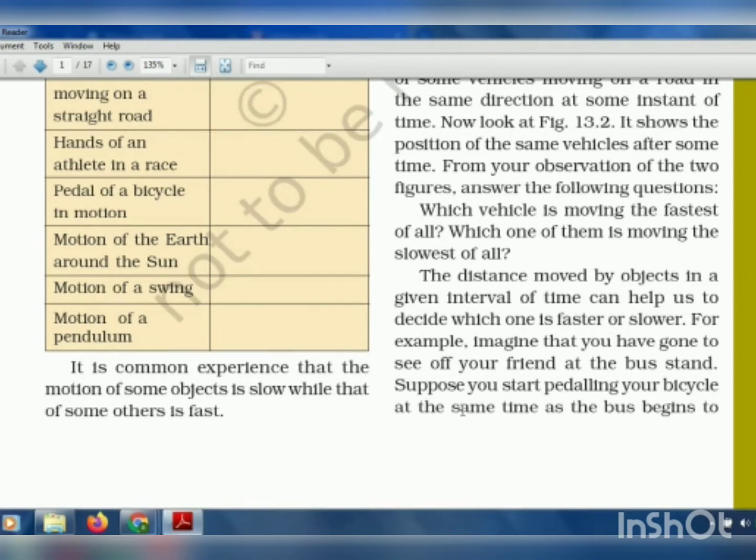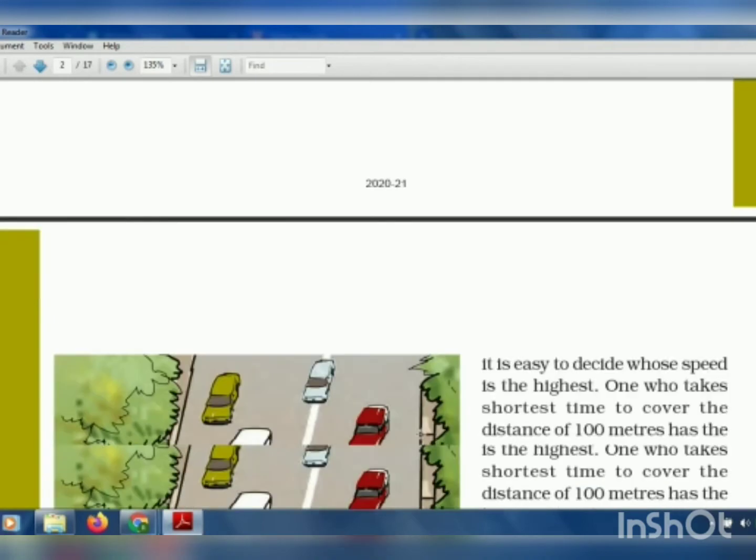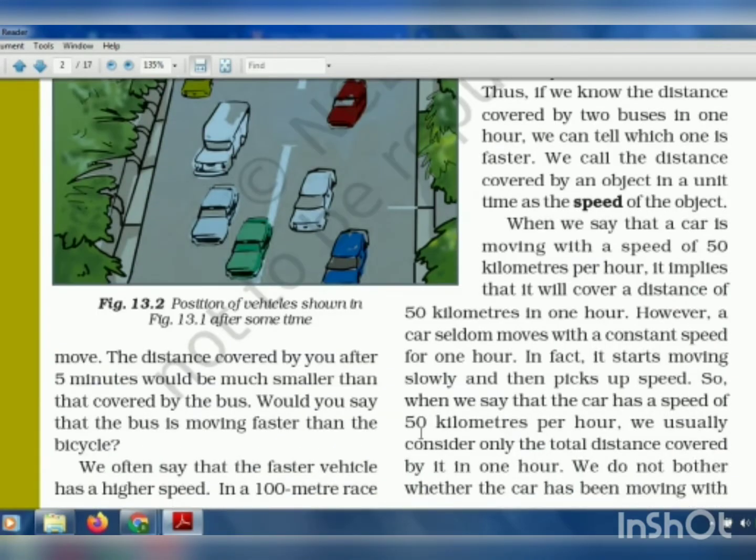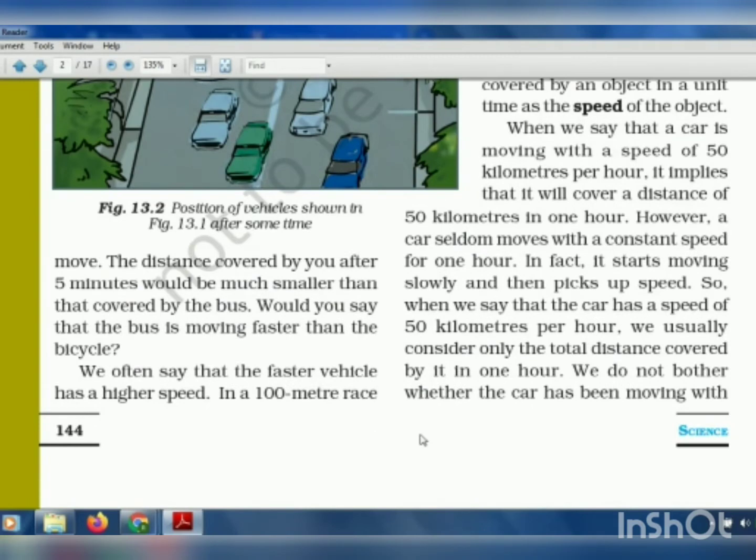Okay, so this is what has been explained in this activity, which helps you to know how you can tell whether an object is moving fast or slow. The same thing they have explained here with the comparison of a bus and a bicycle.